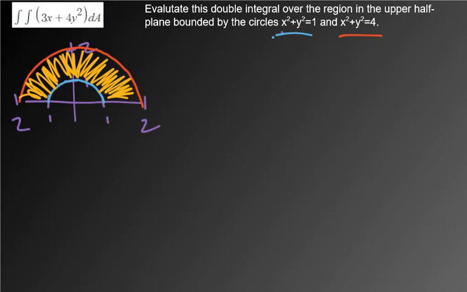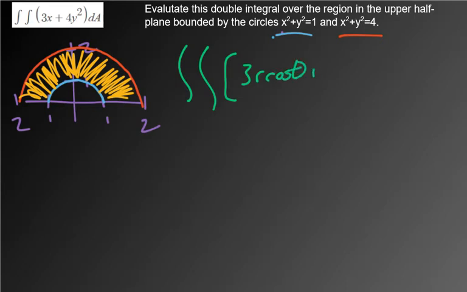And so I want to set up bounds and switch to a polar double integral to do that one. If I set this thing up, x is r cos theta, so we would have 3 times r cos theta, because it's 3 times x.